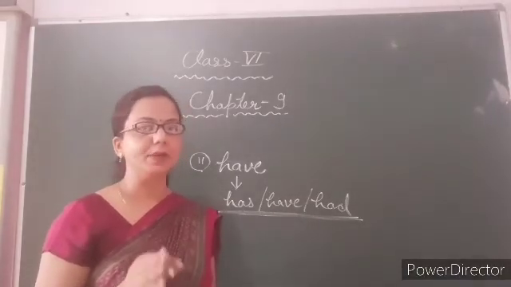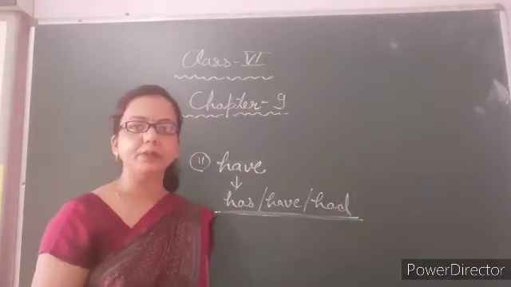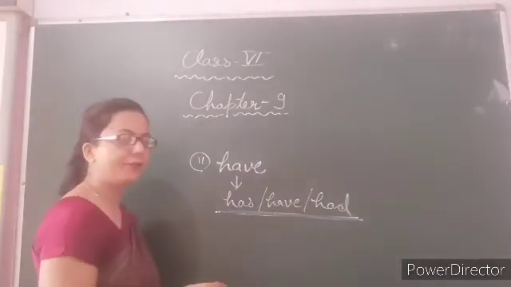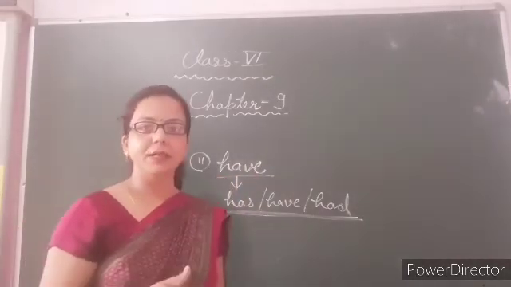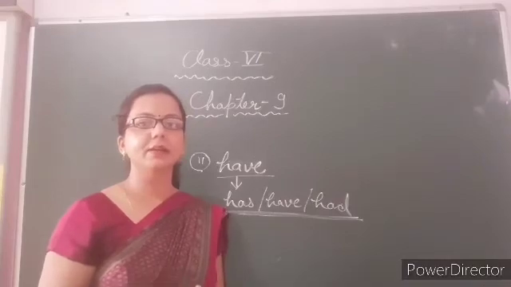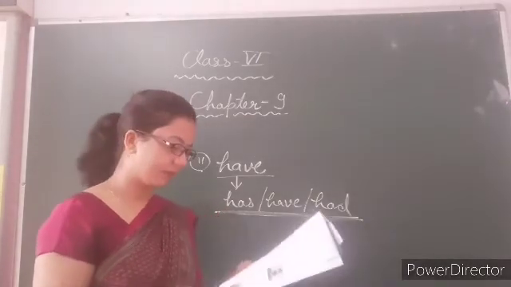Eaten is your main verb and has is your helping verb. So again, like be form, have form also sometimes behaves like a main verb and sometimes behaves like a helping verb according to the given situation.